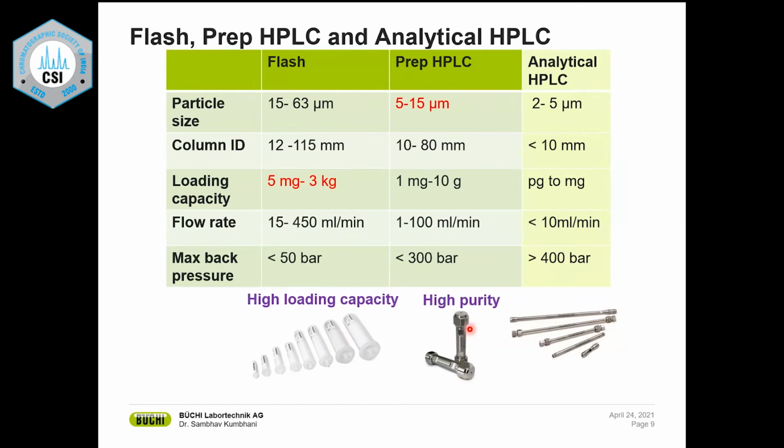Coming to prep HPLC, because the pressures are going to be high and particle sizes are going to be smaller, we need to switch from plastic to metal because plastic cannot handle so much pressure. So we have metal columns, but these are really big diameter columns. And eventually, in analytical chemistry, it is really small particle sizes and really small columns as well.